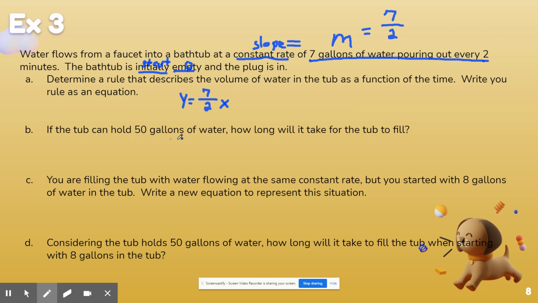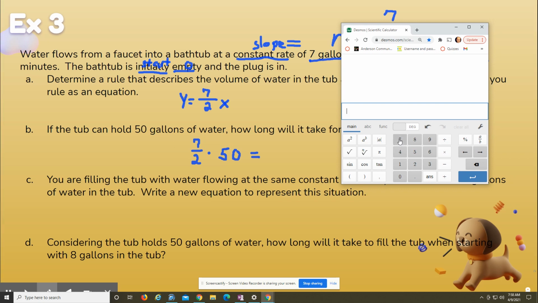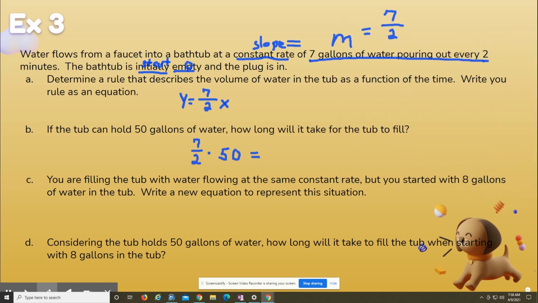If the tub can hold 50 gallons of water, how long will it take for the tub to fill? Well, all you're going to do is plug in 50 for the x. So 7 halves times 50, and that will be your answer. So you're going to use your Desmos scientific calculator, and you could go 7 divided by 2 times 50 equals 175.